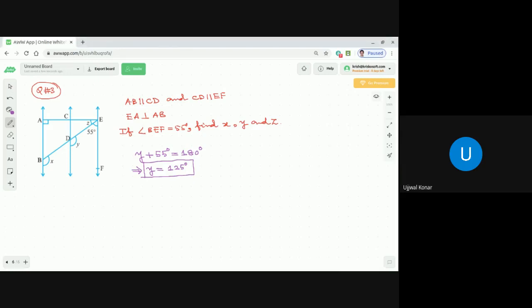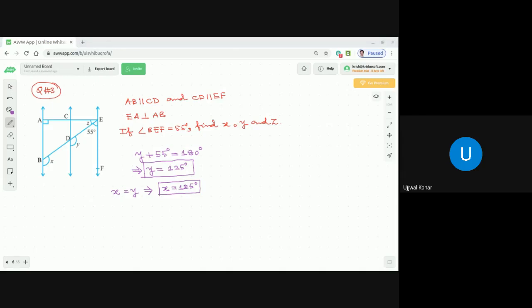So X is equal to Y. As we found Y is equal to 125 degrees, we can conclude that X is also equal to 125 degrees. Correct?